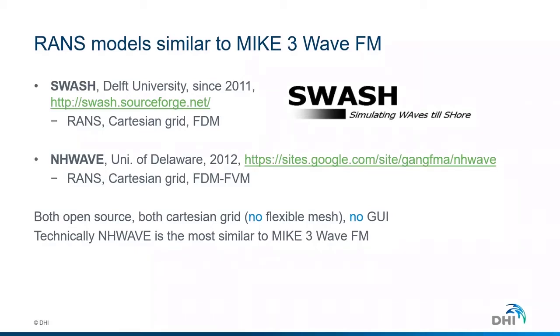I would say that the NHWAVE model is the one most similar in implementation to MIKE 3 Wave FM. They are quite similar in their descriptions of the surface elevation and the projection method, but they vary on other aspects. And for the interested listener, you can check out these following things.